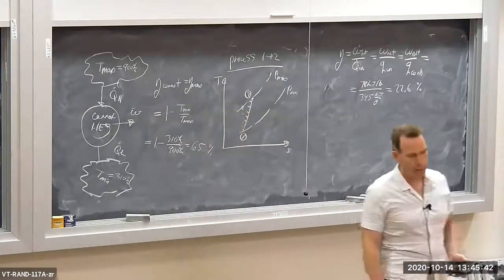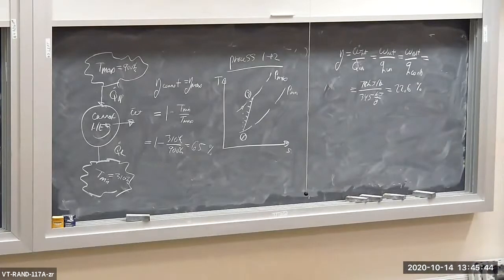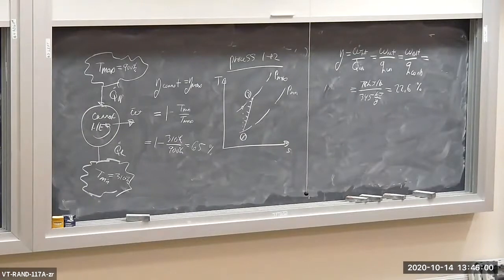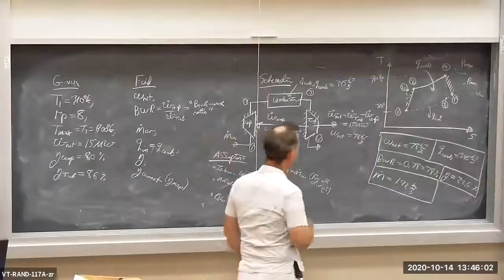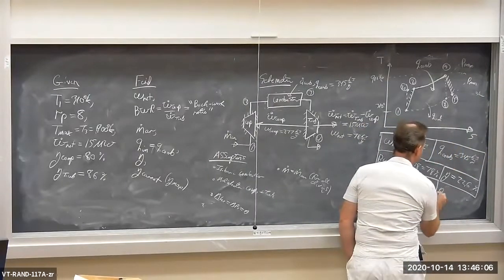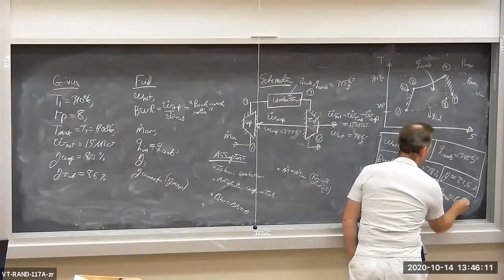So the Carnot heat engine would convert 2/3 of the energy received in the combustor to work. Our Brayton cycle, with all of its irreversibilities, only converts 22%. So this only has a 22% thermal efficiency, whereas the Carnot, or the maximum efficiency, is 65%.